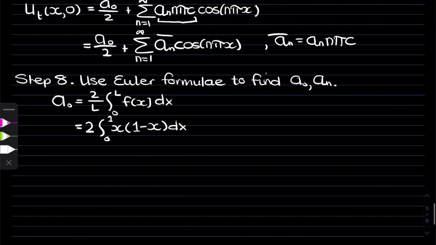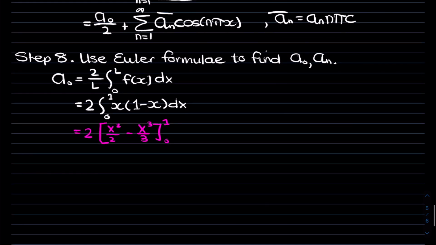So I'll just do this in another color. If I compute this, we get 2 times x squared over 2 minus x cubed over 3 from 0 to 1. And that just equals, doing that quickly, 1/3.